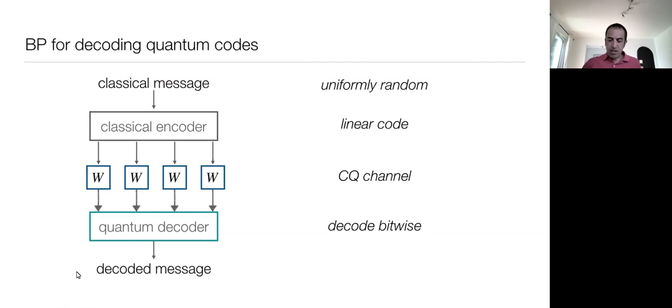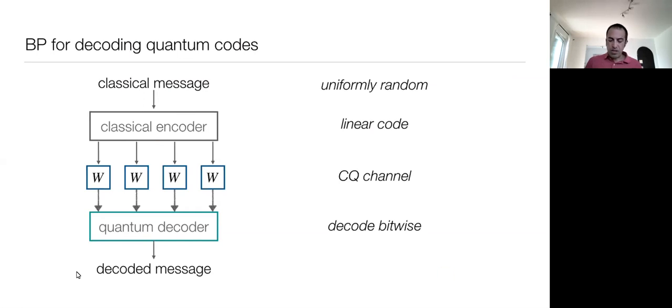So these things are all the same. We're going to pick our messages uniformly at random. We're going to use a linear code. You saw in the previous picture how that fits very nicely with the factor graph. We just put in these parity check nodes, essentially, to enforce that we have a linear code, that we have a code word here.